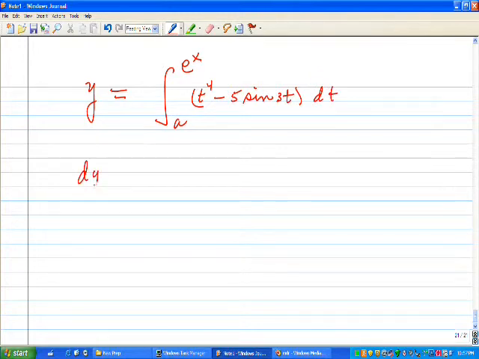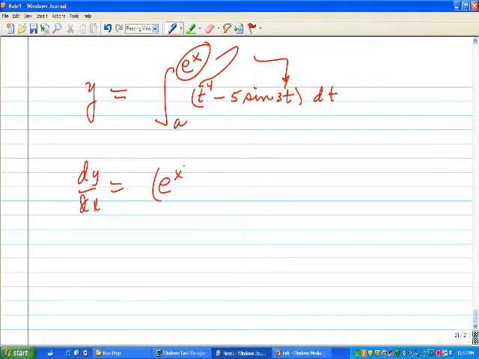For dy dx, take this e to the x, put it everywhere you see a t, and you get e to the x to the fourth power minus 5 sine of 3 e to the x. But you're not through, guys. Don't forget the top.